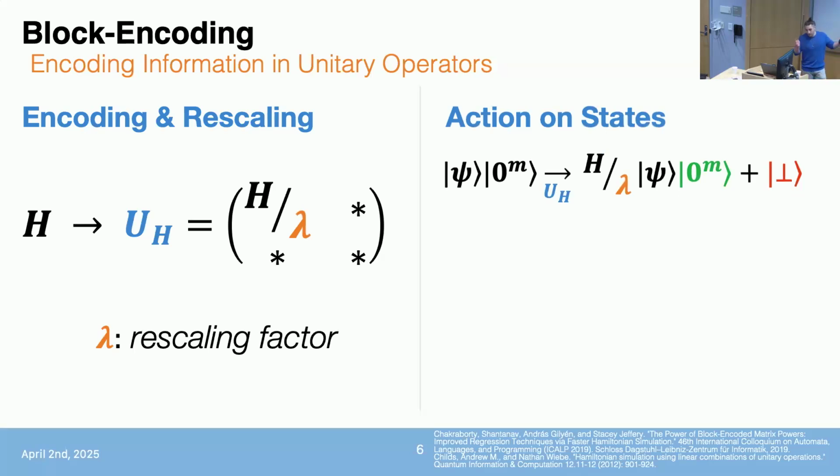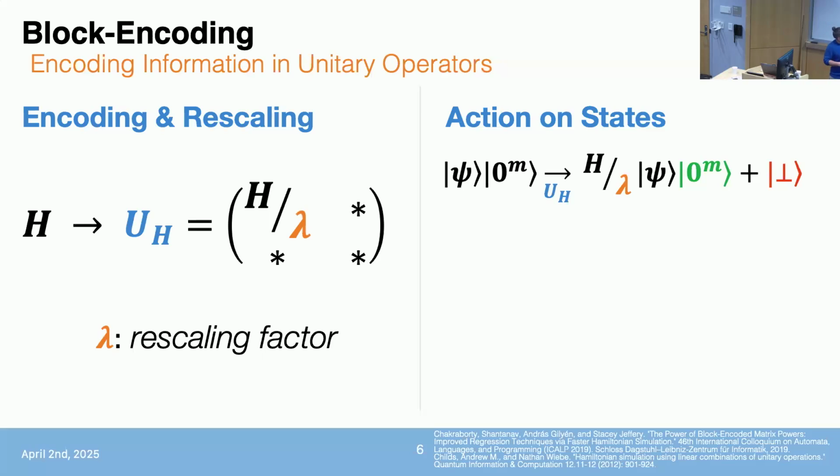So now, coming back to Alan's question. If we see the action of this unitary on an arbitrary quantum state, that's a product between psi, which is going to represent the state of our system, and a series of m ancillary qubits. So in this case, the dimension of U is going to be something like 2 to the m times the dimension of psi.